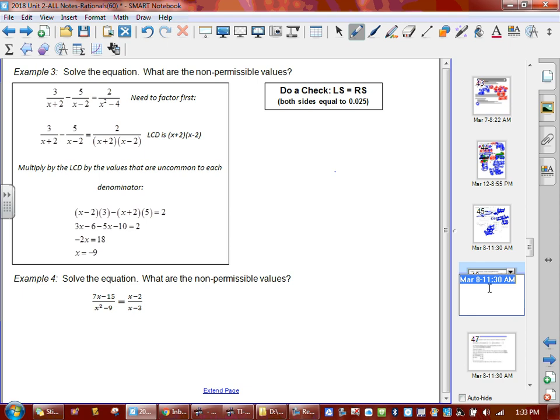All right. We take a look at this guy. We've got x plus 2 on the bottom, x minus 2 on the bottom, and then we factored that guy. And we ended up with both x plus 2 and x minus 2. So at this point, we need to now multiply to the other side what everybody's missing. So this guy has 2 brackets. Each of the other guys only has 1.